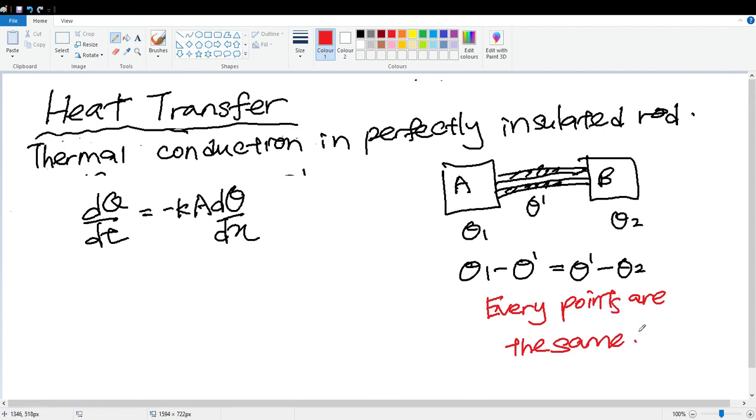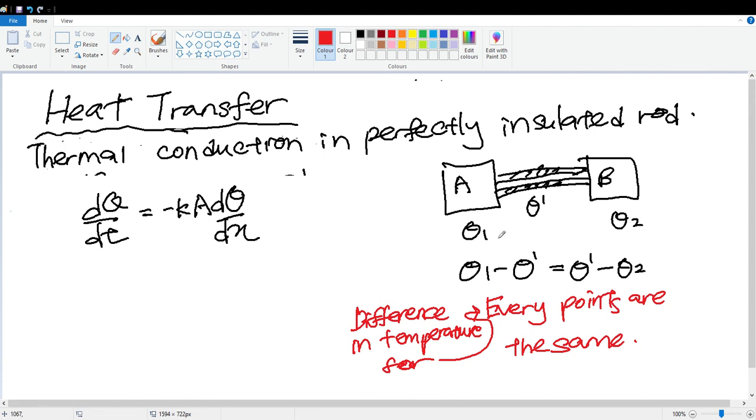So the difference in temperature for every point is the same.